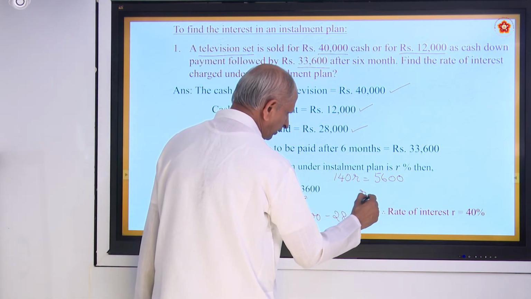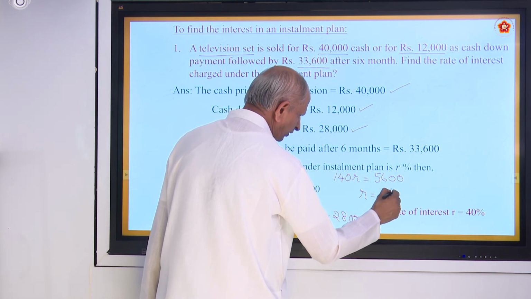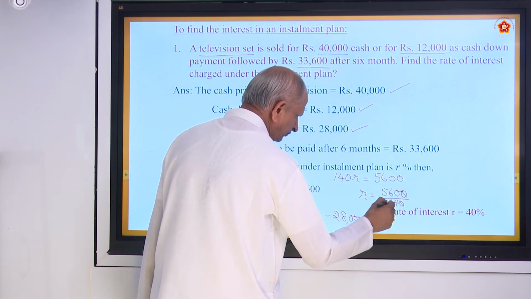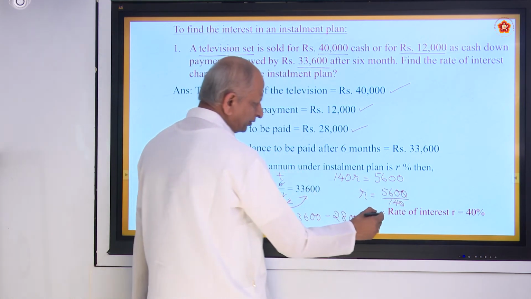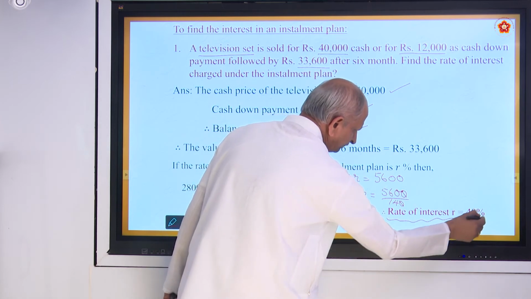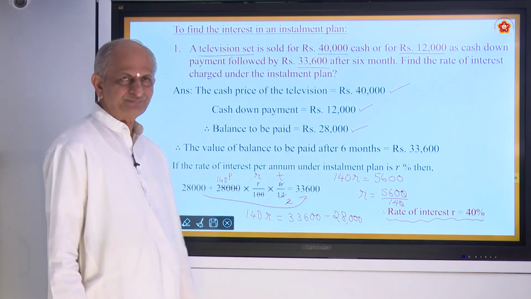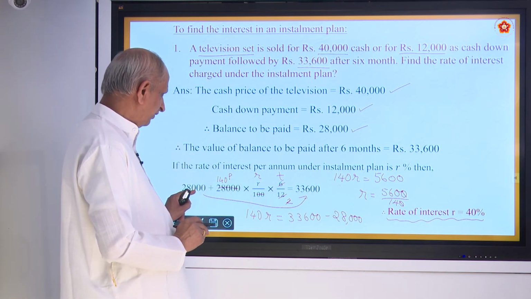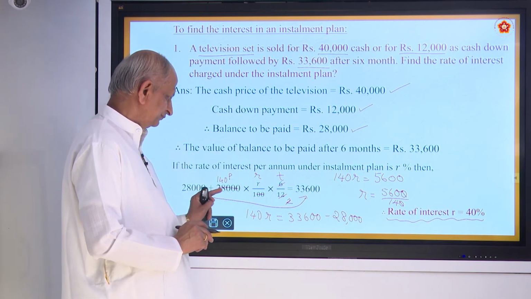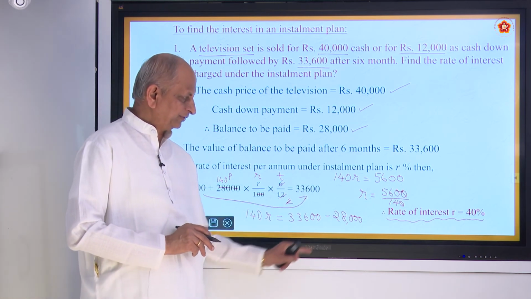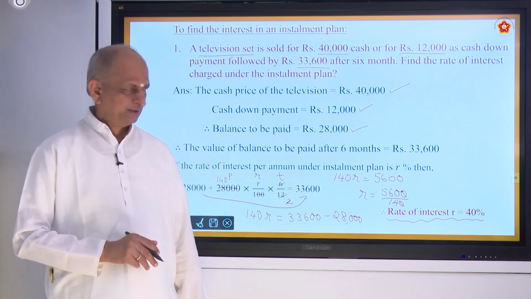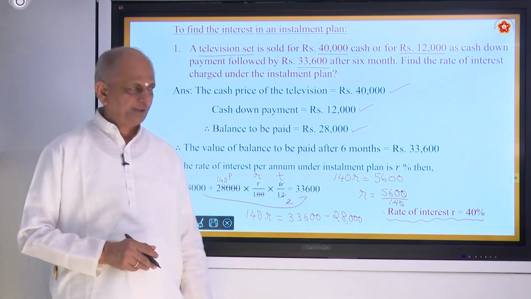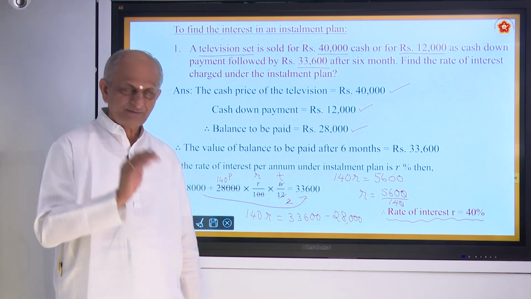So R is equal to 5600 by 140. 14 ones are 14, 14 40s are 560. So the rate of interest is equal to 40%. Clear? And this is the amount he has to give plus interest. The agreement is 33,600. So the rate of interest becomes 40%. Suppose you apply this 40% here, you get the answer 33,600. Okay, is it clear? Super.